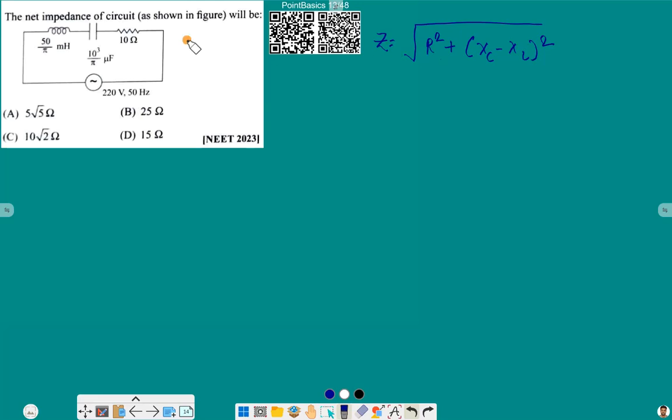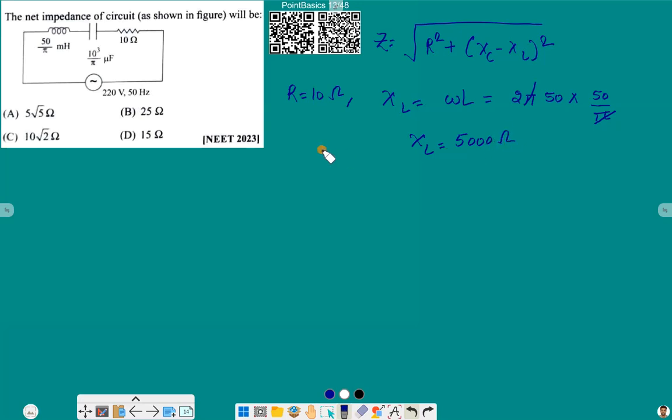The value of R is 10 ohm, and XL will be omega times L. Omega is 2 pi into frequency, that is 50, into L, that is 50 by pi. So pi gets cancelled, and this will be 100 into 50, that will be 5000.